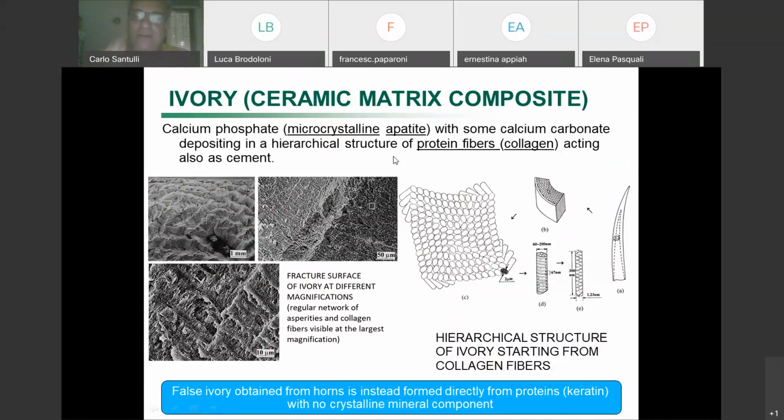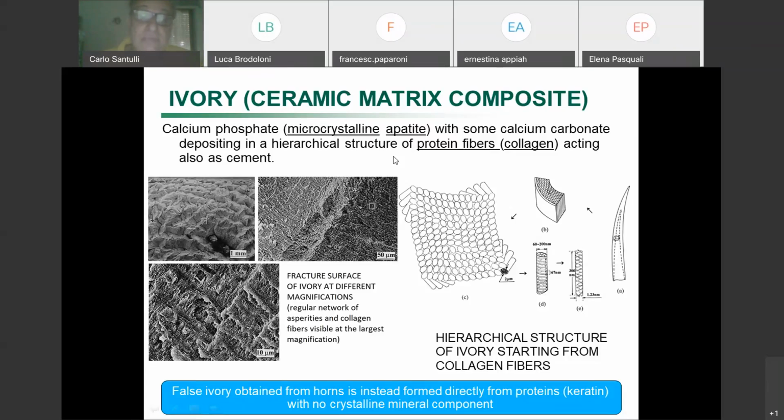You may remember that collagen is the building molecule of bones, arranged in a triple helix structure. And here we have again a glue. Protein fibers work as a glue, and collagen may itself work as a glue. And they cement together that structure made of calcium phosphate with some calcium carbonate.